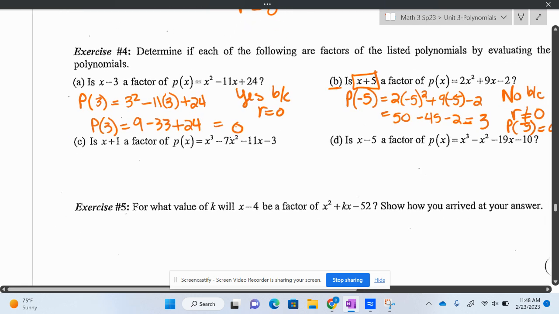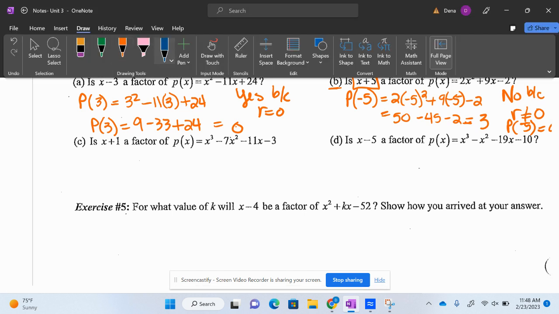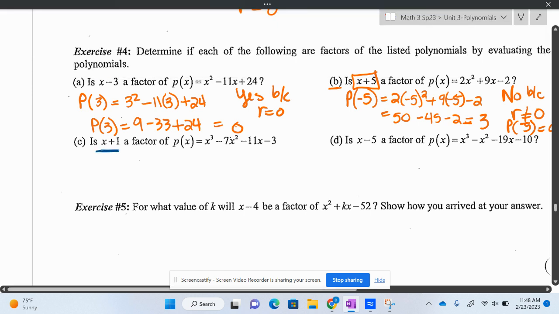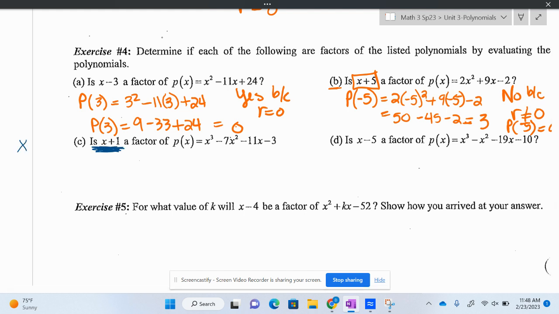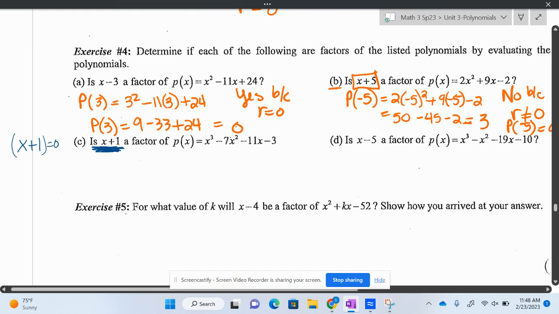Okay. Jack, C, what am I evaluating that polynomial with? What is x going to be? Like I'm replacing the x with a what? My root. If x plus 1 is the expression, remember that this equals 0.